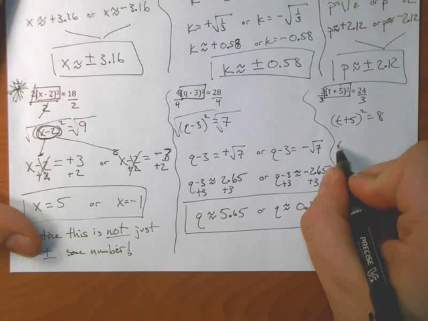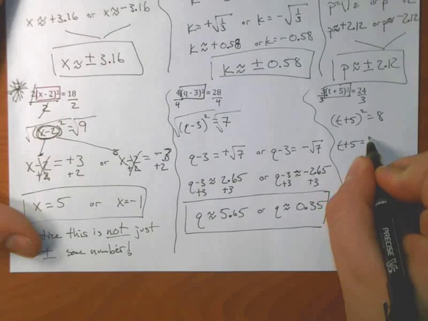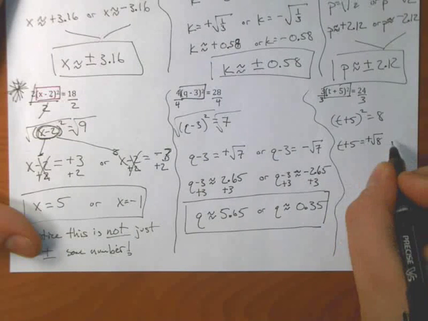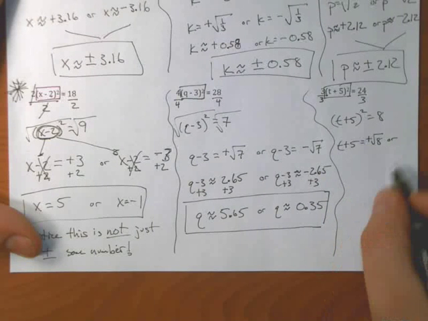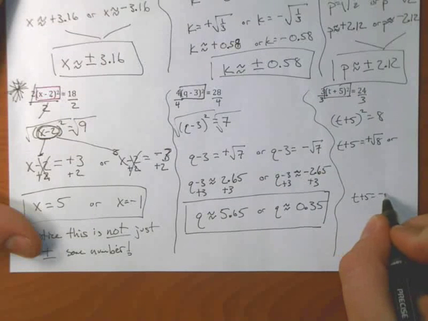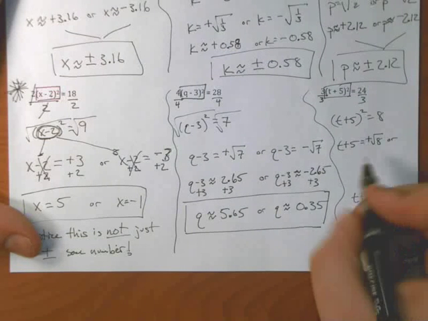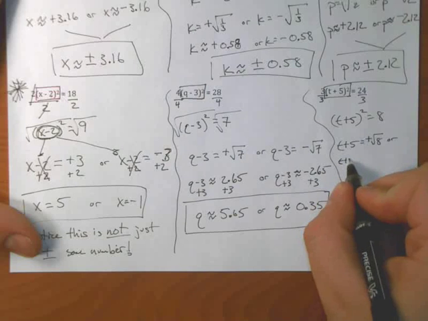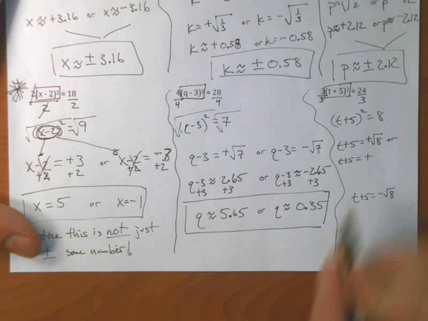So I'm seeing t plus 5 squared is 8. Use a square root and get t plus 5 is equal to positive root 8, or, well, let's go down here, t plus 5 equals minus square root of 8.